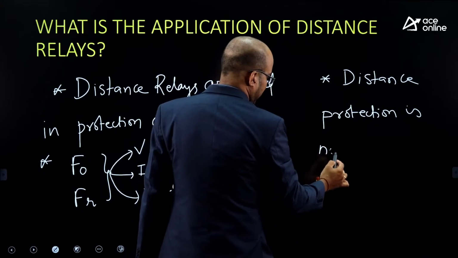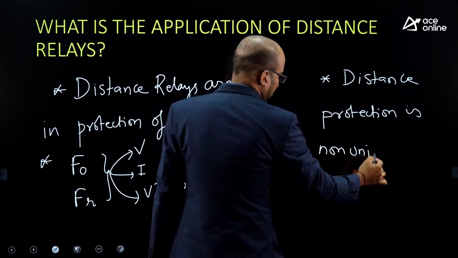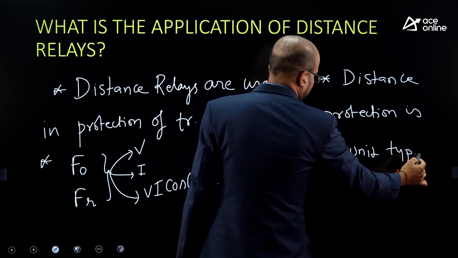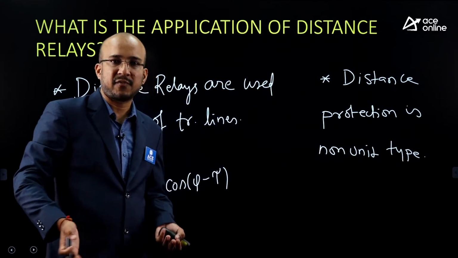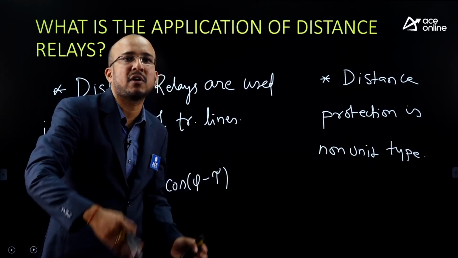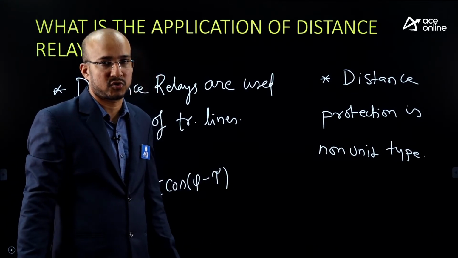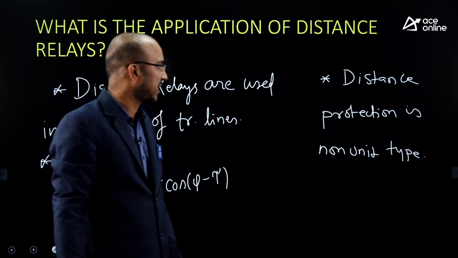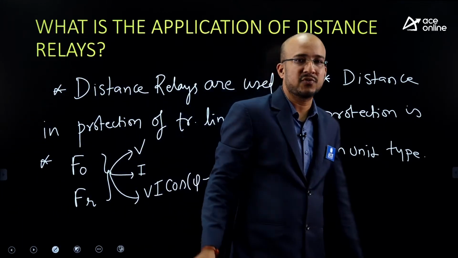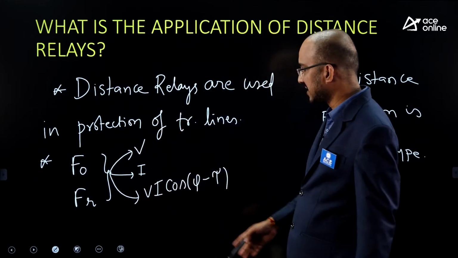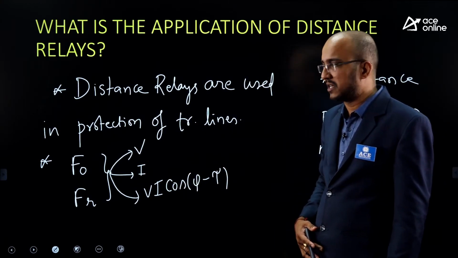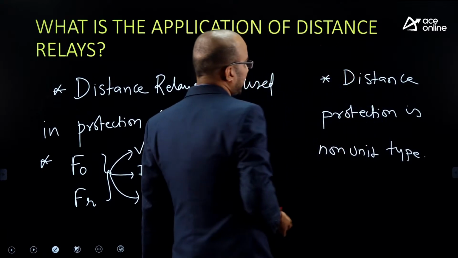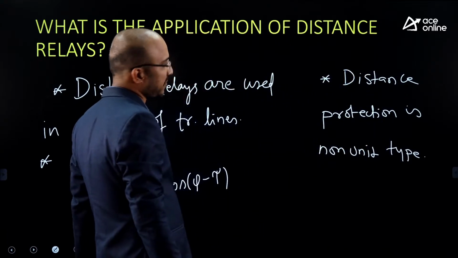Non-unit selectivity means the relay may operate for faults within its zone and also outside its zone, based on the condition. So, distance relays are used in protection of transmission lines, the operating and restraining forces are developed by the electrical quantities itself, and distance protection is a non-unit type protection.